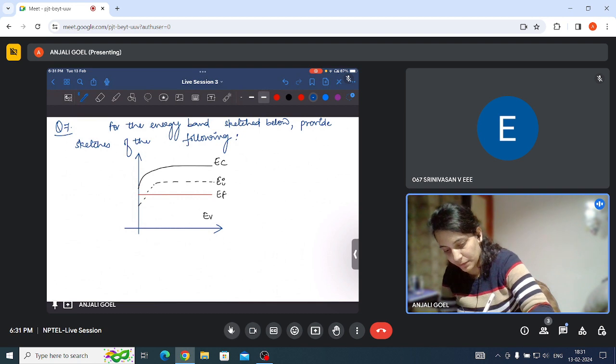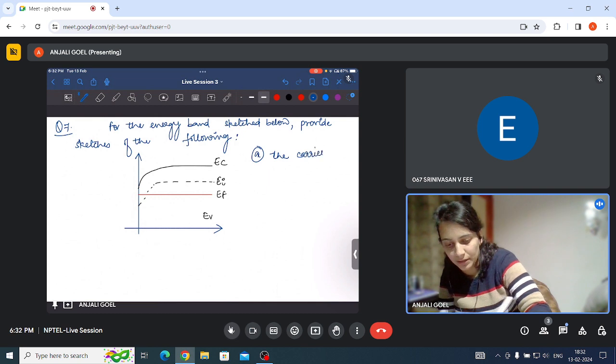The first thing is that you have to sketch the carrier densities Nx and Px.